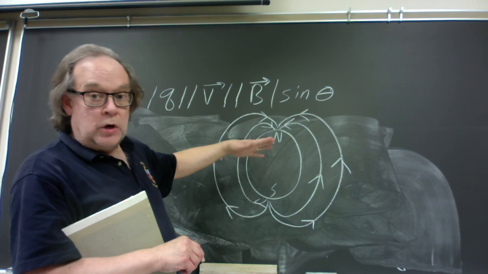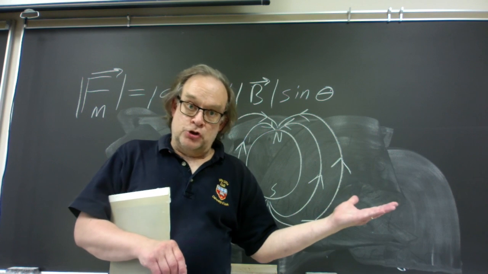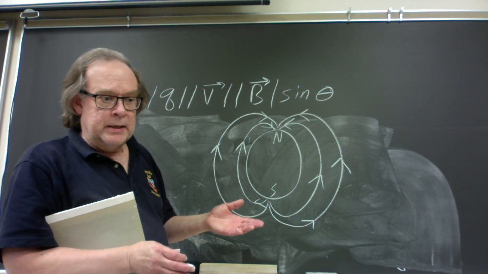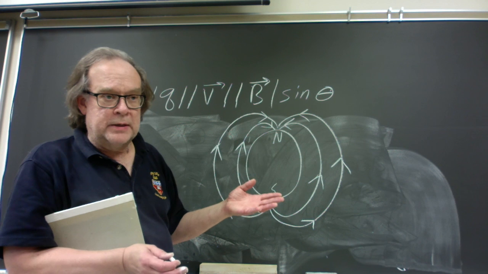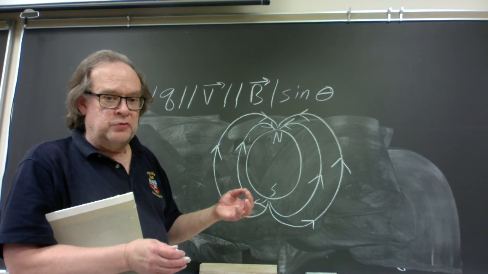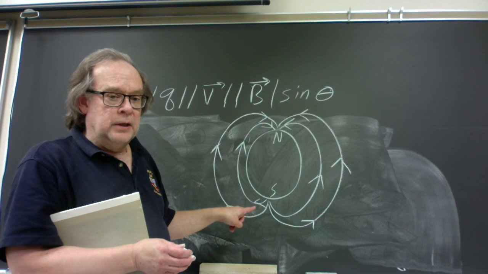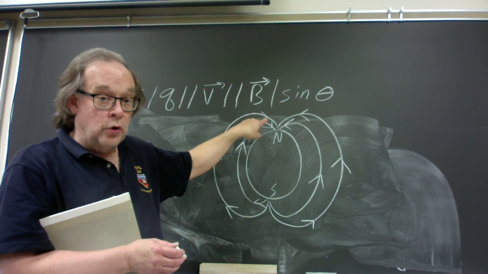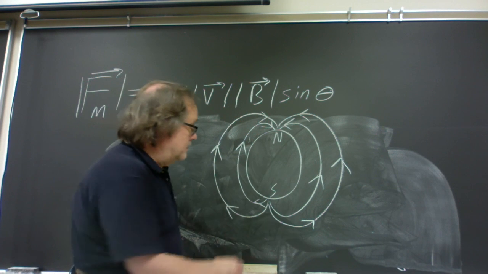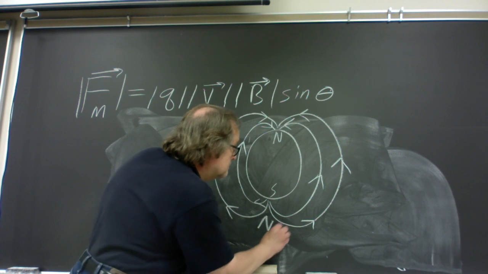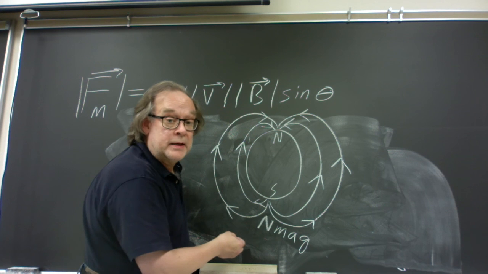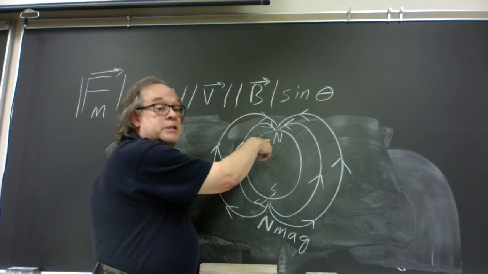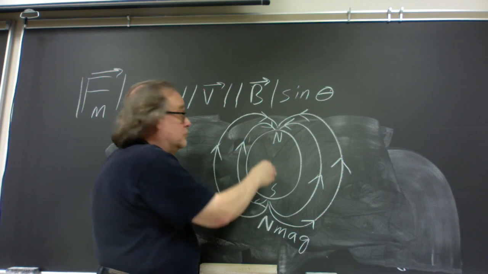But remember, as you saw in section 2 of chapter 24, whenever you're talking about some magnetic object, it's got a north magnetic pole and a south magnetic pole, and those two poles are defined so that field lines always come from a north pole and head toward a south pole. So actually, the north magnetic pole is down here in the geographic south, and the south magnetic pole is up here in the geographic north.